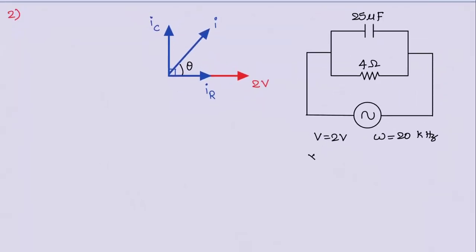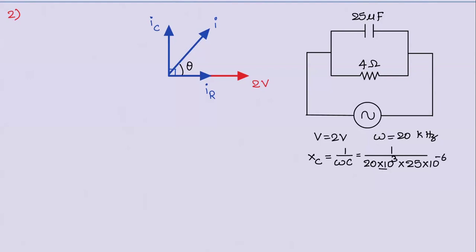I'll calculate XC is equal to 1 by omega C. 1 by omega. What is omega? 20 into 10 power 3 into C. What is C? 25 into 10 power minus 6.